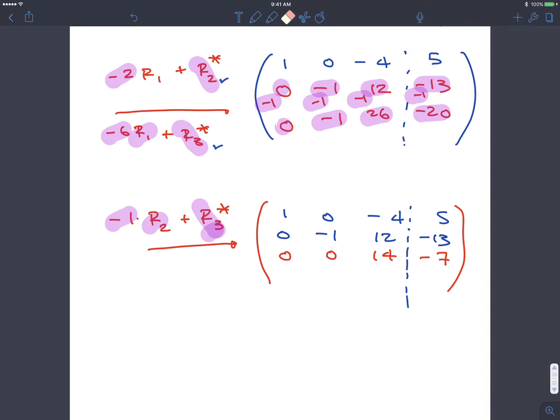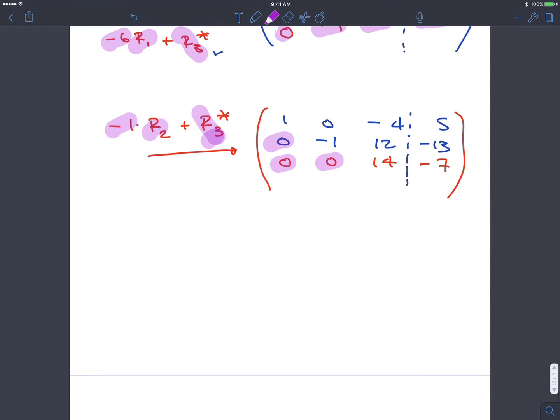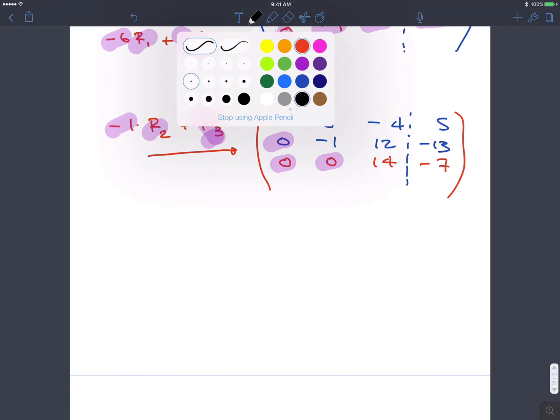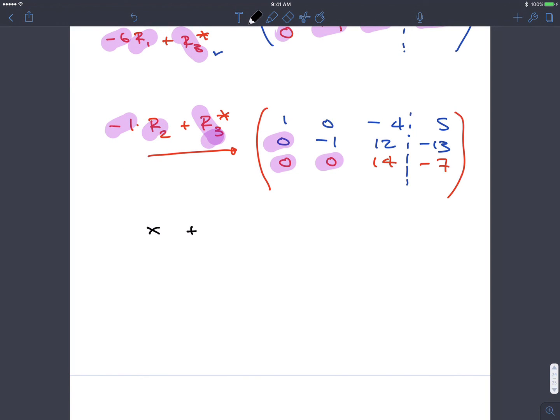This is a row echelon form matrix. Notice we get 0, 0, 0 here. And let's erase some of these things here. This is what we want to do. We can use now these coefficients and say we got x plus 0y minus 4z is 5. -1 times y plus 12z is -13.